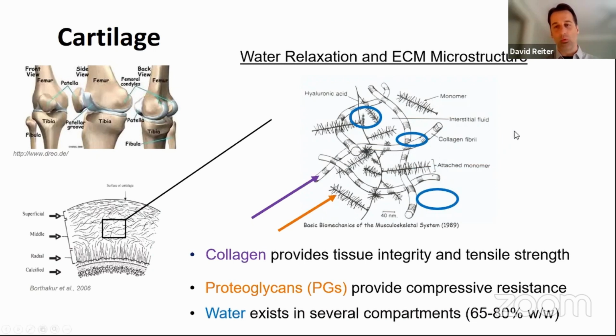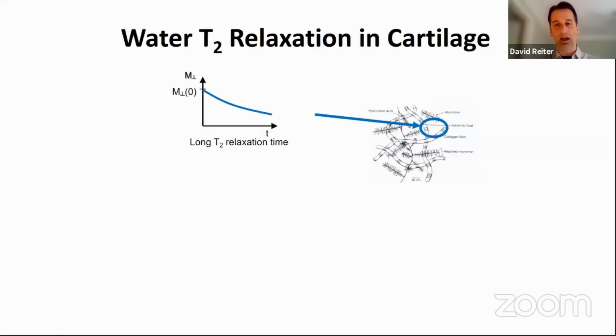So you can imagine that water, which is really our molecular probe of MRI, exists in these different microenvironments near these different matrix constituents. And the vast majority of cartilage is water by wet weight. If we think about the mobility of water in the bulk phase, where it's moving around away from these molecules, its relaxation would be considered to be quite slow.